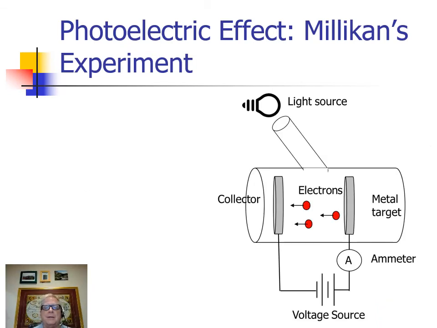What Millikan did inside of this vacuum tube was to apply a potential to the metal plate that was being hit with the light that was releasing the electrons, and the potential would go against the motion of the electrons. So the electrons would give up some of the kinetic energy they gained from the photons, and he would then determine how much potential was necessary to get the electrons to stop moving at all.